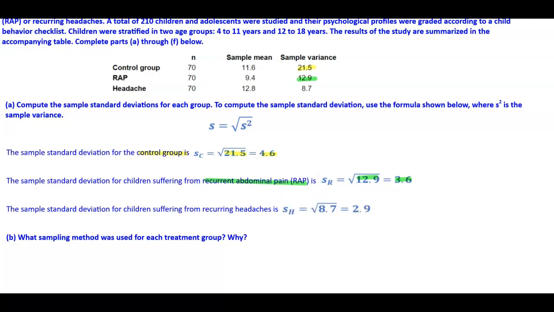And then we want to find the sample standard deviation for the recurring headaches, and that variance is 8.7, so the square root of 8.7 is going to give us 2.9. So therefore, there are our standard deviations.